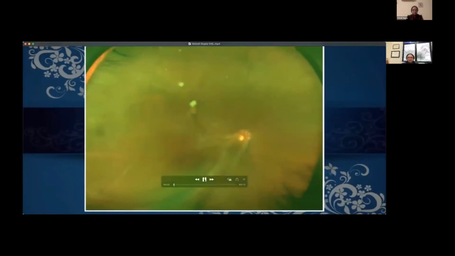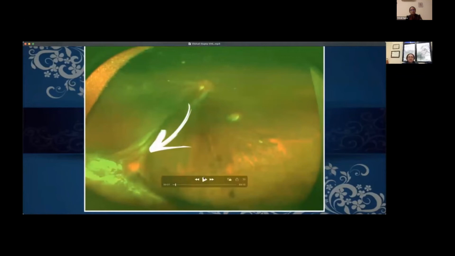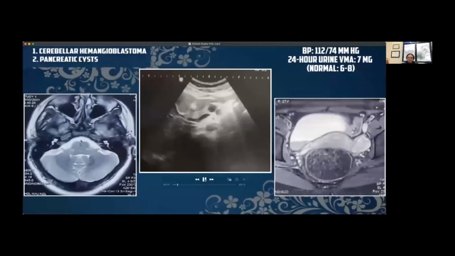I'm going to share with you all 4 tips in the surgical management of angioma. Here is a young girl who presented to us with angiomas in both eyes, and the right eye, in addition, had tractional retinal detachment in the lower nasal half, as you can see with the arrow, as well as multiple angiomas elsewhere.